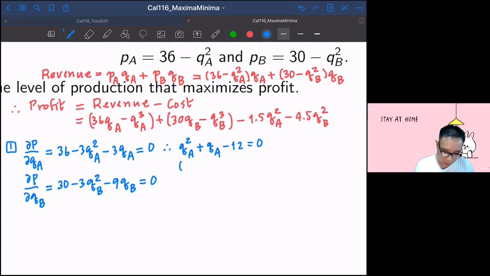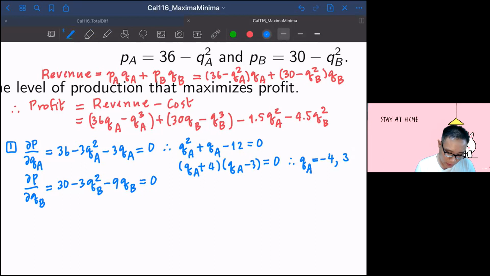You factor this one, so you would get QA minus 3, QA plus 4 equal to 0. So you're going to have QA equal to negative 4 and 3.